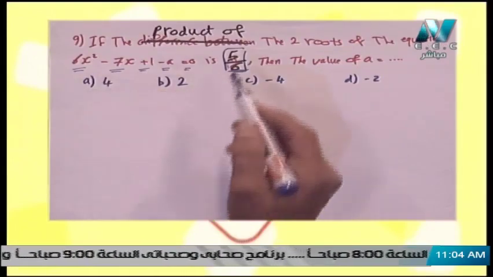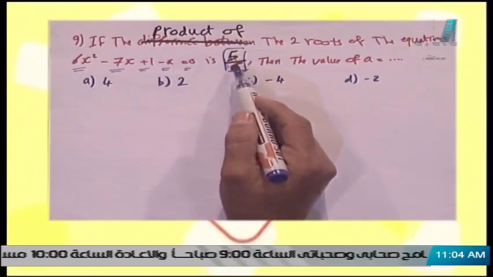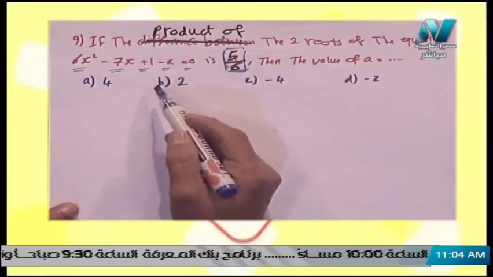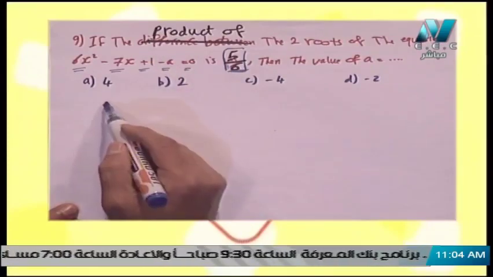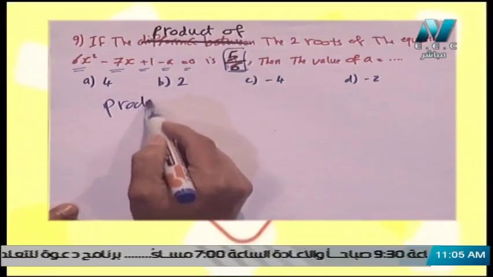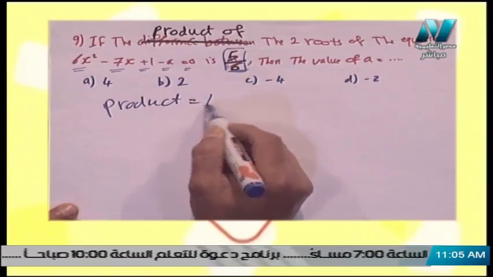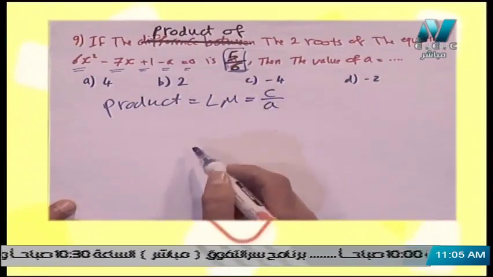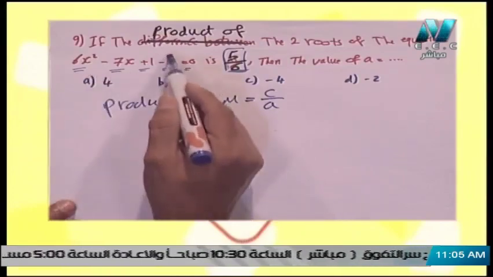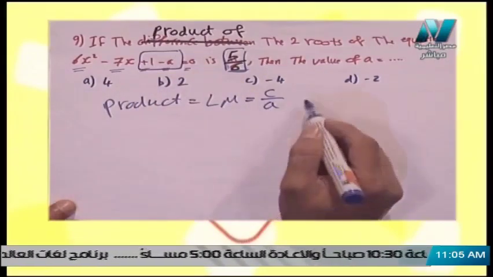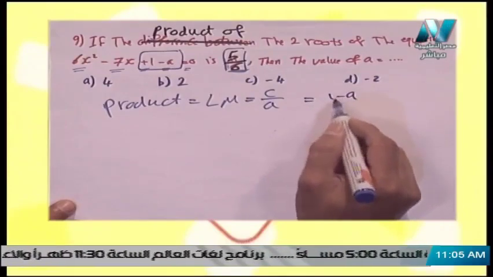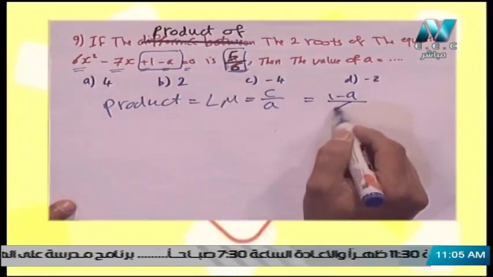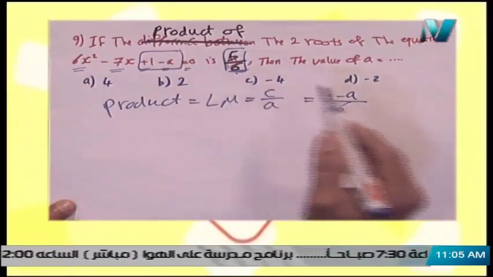It's just that the product equals 5 over 6. We know that the product of the two roots, which is LM, equals C over A, where C in this equation is 1 minus A, over A, which is 6, equals 5 over 6.